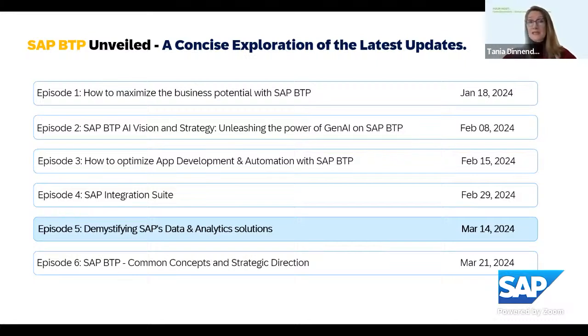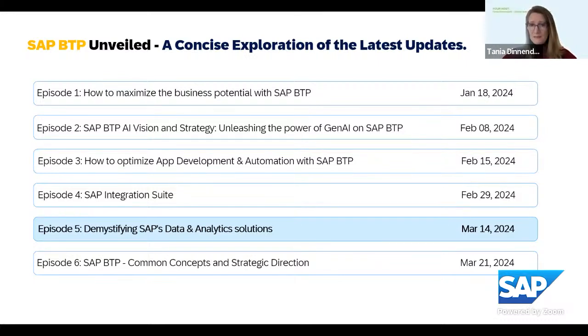Another must-see is, of course, an update on the SAP BTP AI vision and strategy, followed by how to optimize app development and automation, providing the latest updates and news in this area. Of course, the SAP Integration Suite is always a must look. Udo Palzer, as usual, provides an excellent overview of the Integration Suite.